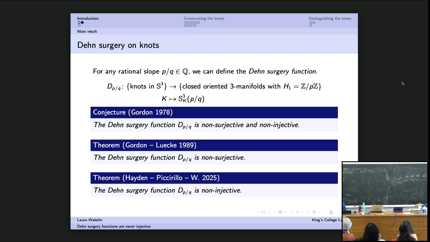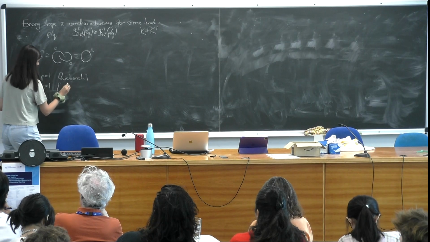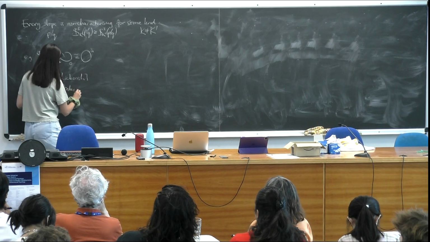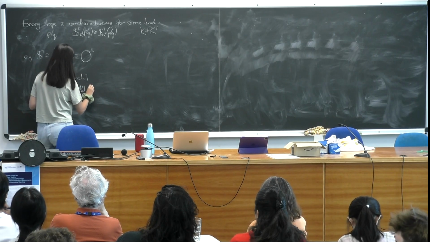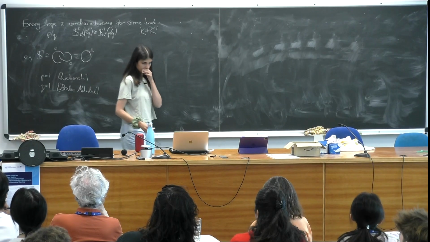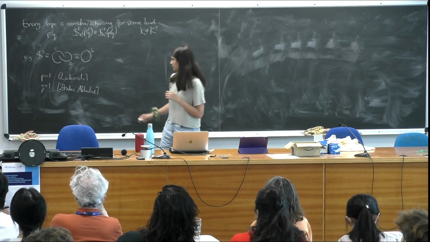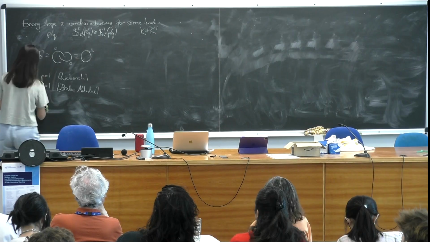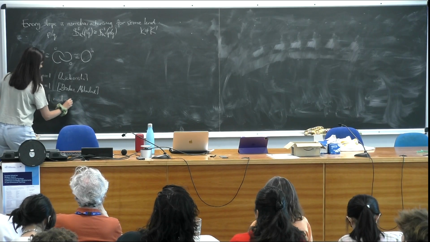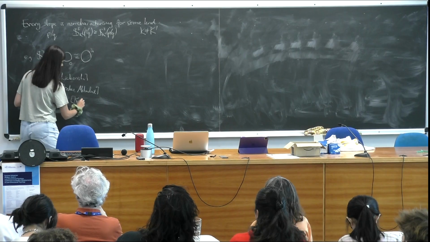The case where q is equal to 1 is due to, I think, Brakes and Akbulut. And there are plenty of examples of knots sharing the same surgery of an integer slope. Kawauchi showed that if you have p congruent to 1 mod q, then you can always find such a pair of knots.